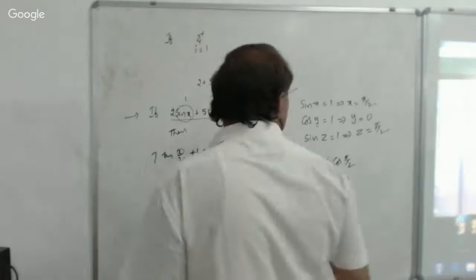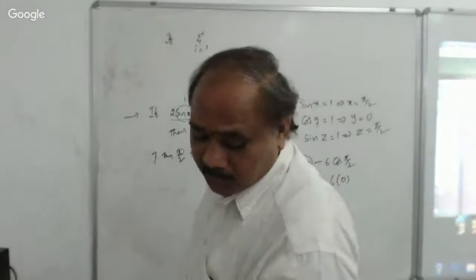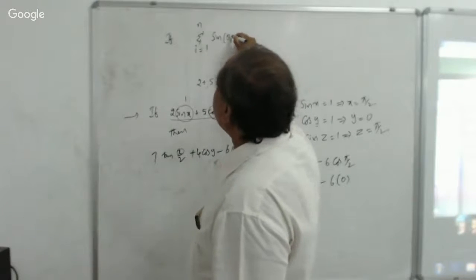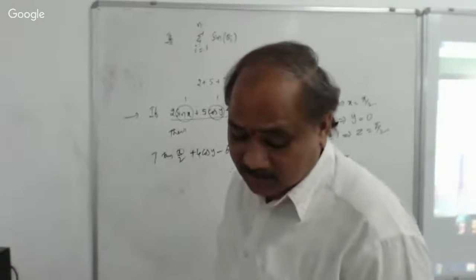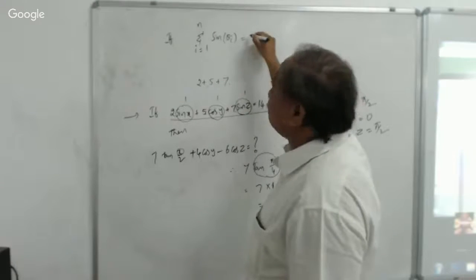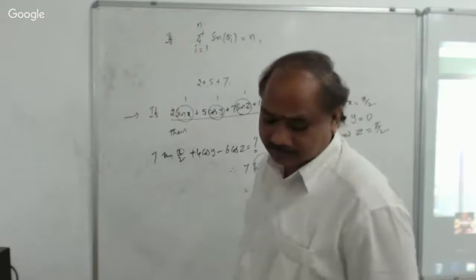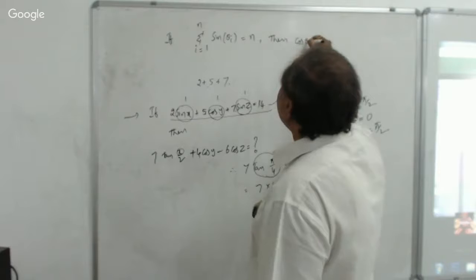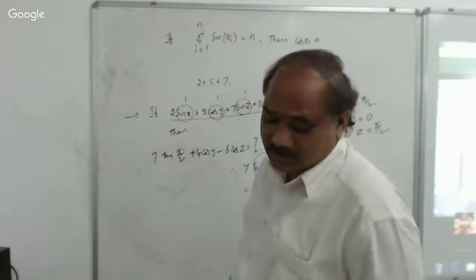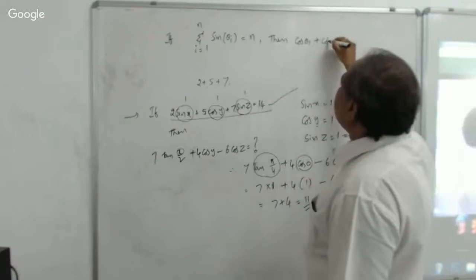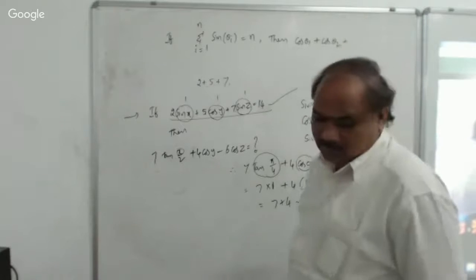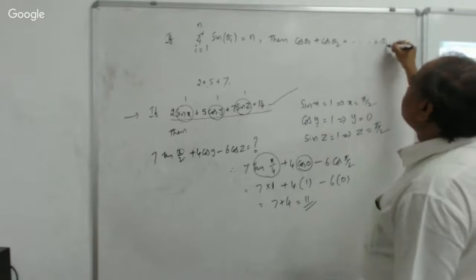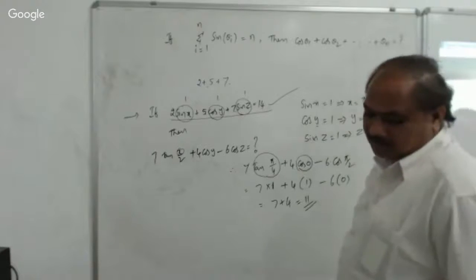If the summation of sin theta i for i equal to 1 to n equals n, then cos theta 1 plus cos theta 2 plus cos theta 3 and so on up to cos theta n equal to what?